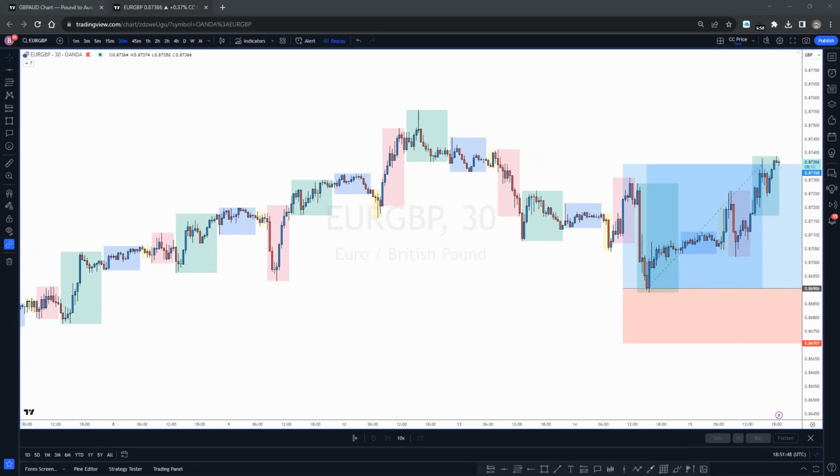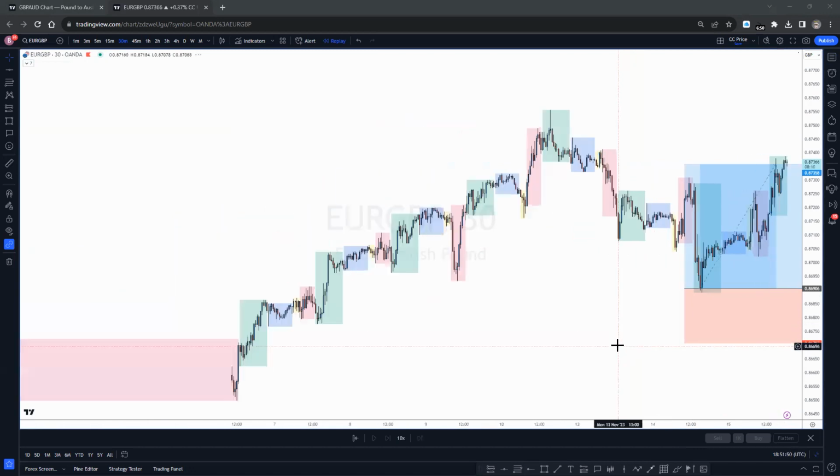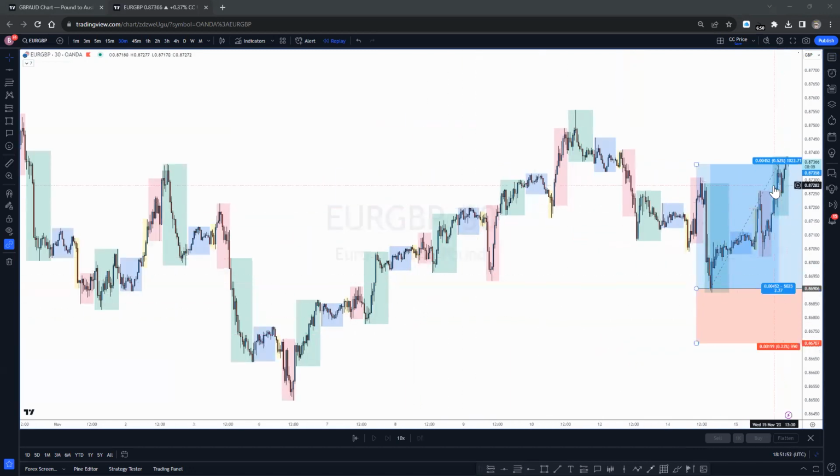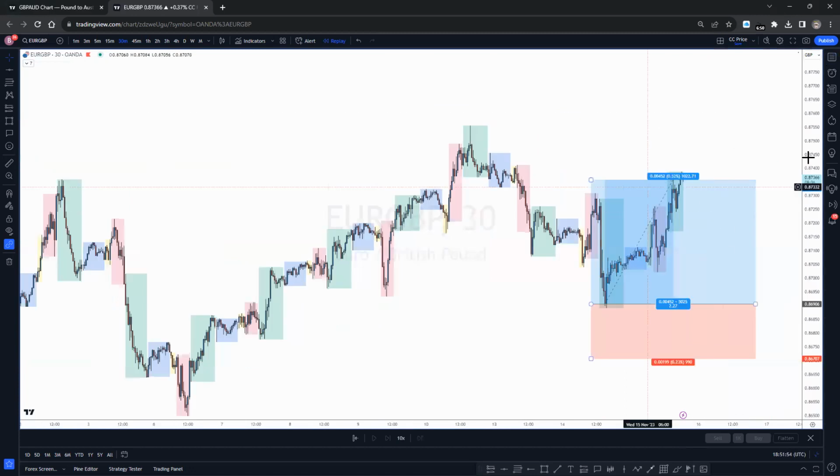But it was a wide stop loss, considering it was just going to sweep these lows and then continue on. That was the only good trade for yesterday, but I still ended up the day minus 1.5%. This one took all day, and it was only a smaller trade. I've risked more on USD CAD and German 40.